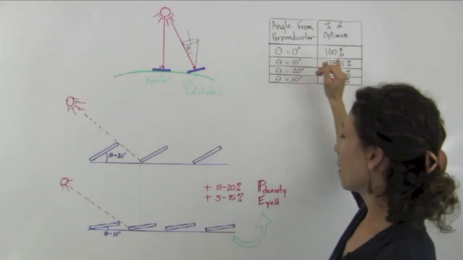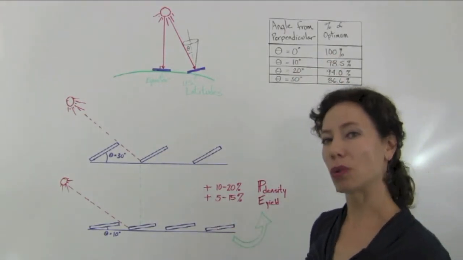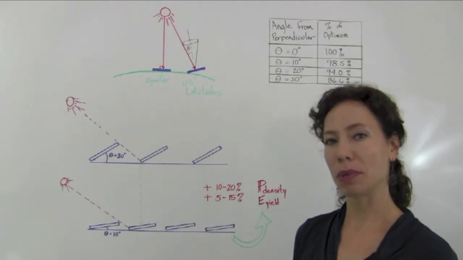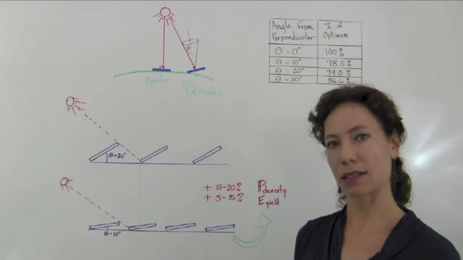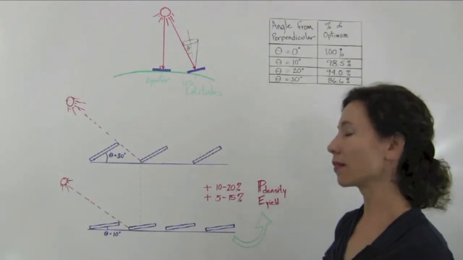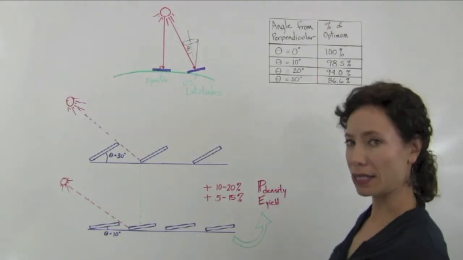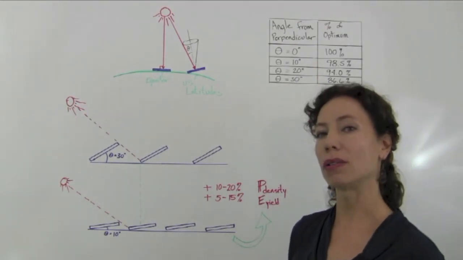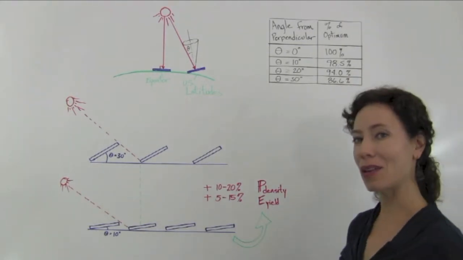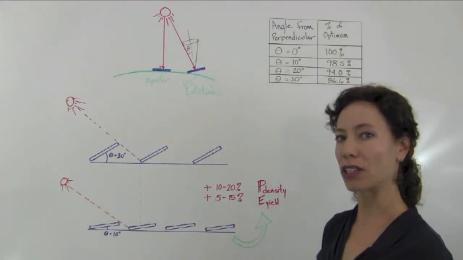If you look at the amount of energy that you would get from a module which has a 0-degree difference, or theta, between perpendicular and its normal, we would see you get about 100% of that energy. If you drop that tilt or change that tilt about 10 degrees from normal, you still have about 98.5% of that energy.